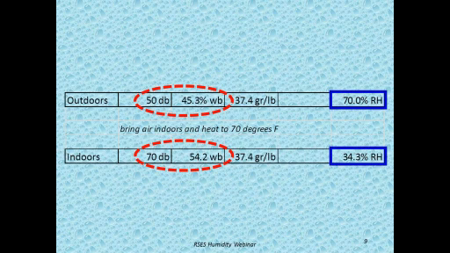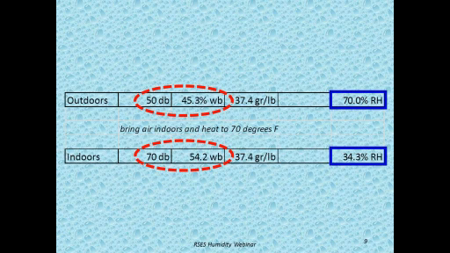It started off outdoors at 70% relative humidity. It leaked into the building, was heated up to 70 degrees, and because I heated the air, it can now contain much more moisture. So relatively speaking, the humidity went from 70% relative humidity outdoors.